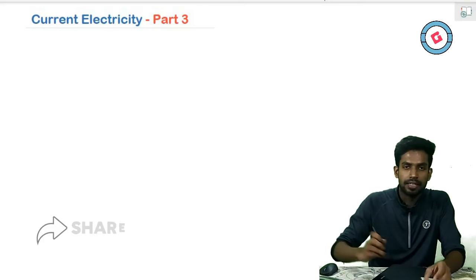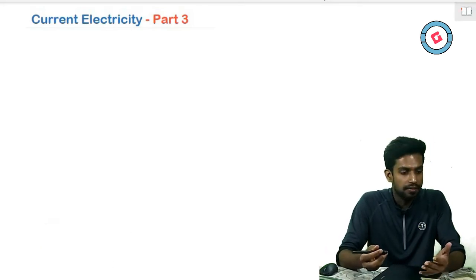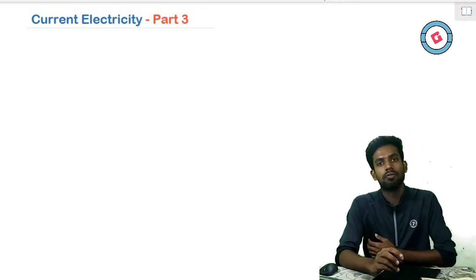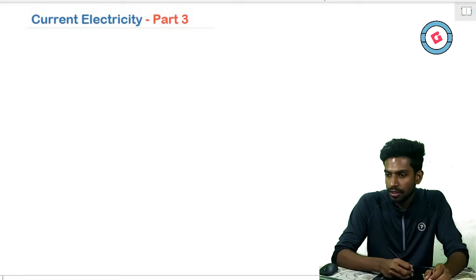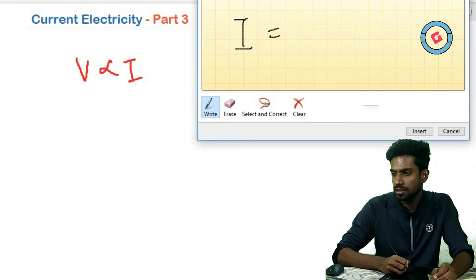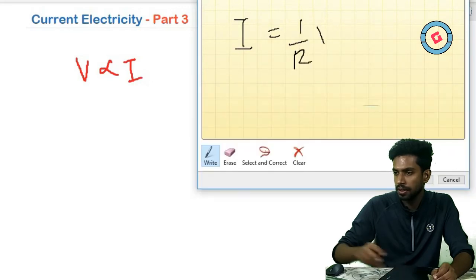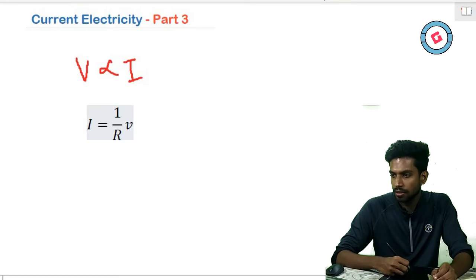So the ohmic conductors behave as Ohm said. For ohmic conductors, V is proportional to I, and their resistance is a constant. So in this equation, I equals 1 over R times V.